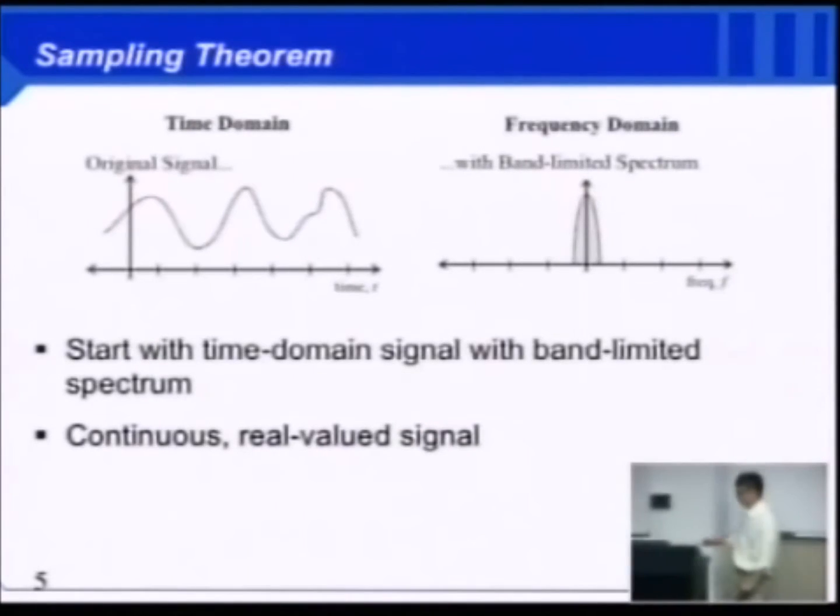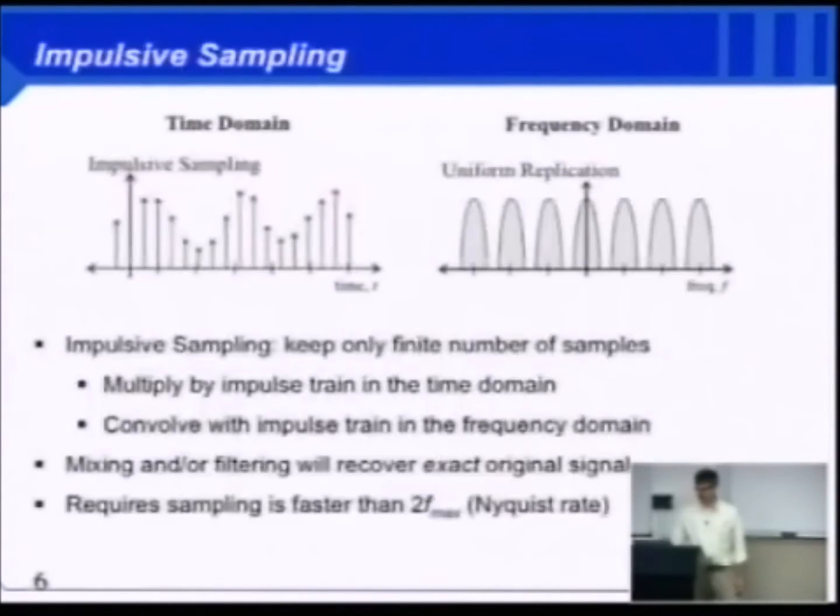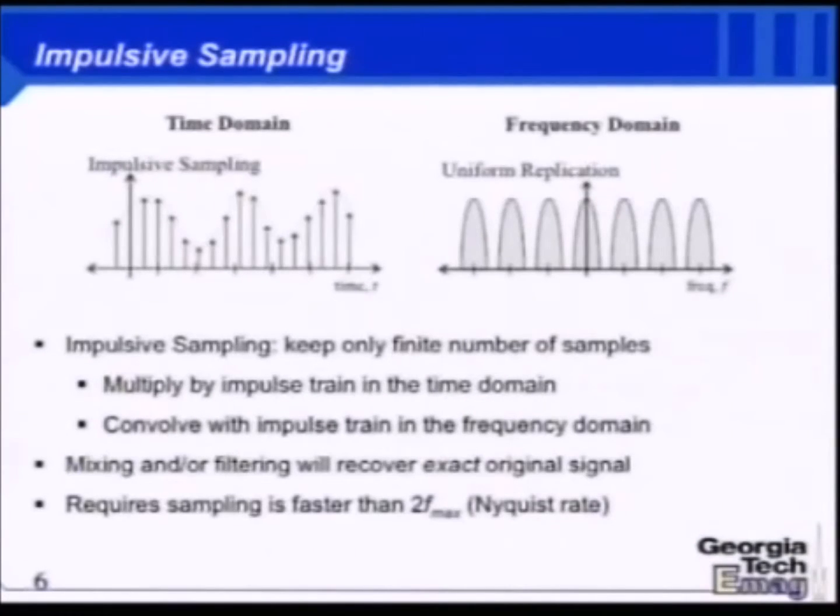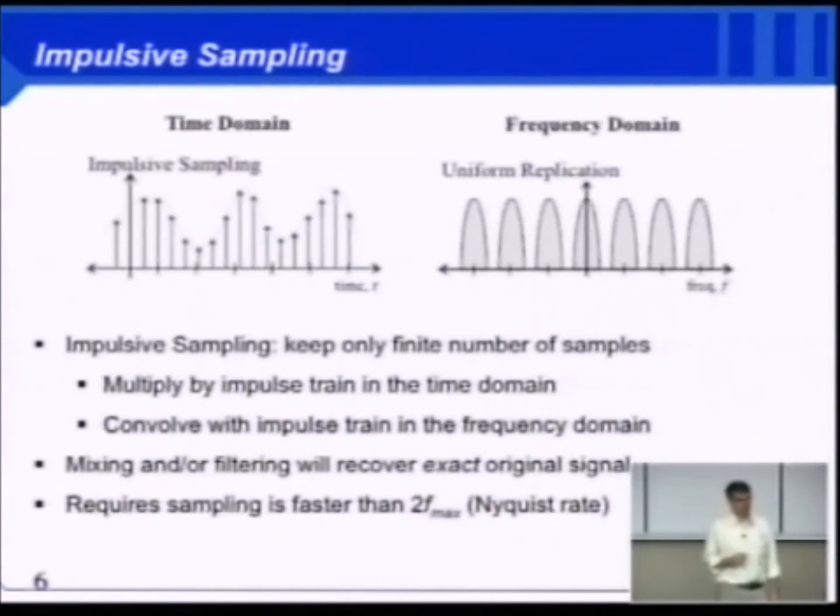Okay. Now, let us multiply it by an impulse train. We took the time domain signal and we multiplied it by the impulse train. Now think about what that does. Anywhere there's an impulse, that impulse now takes the amplitude of whatever the signal was in the time domain. And then, before you get to the next impulse, is nothing.